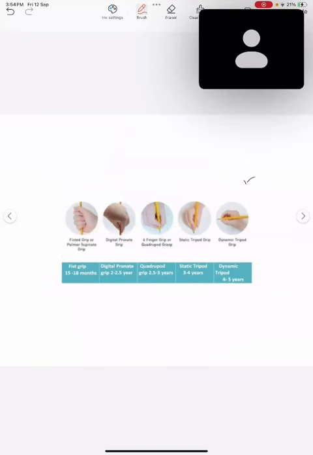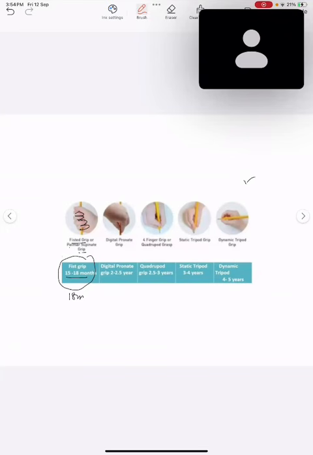The first grip is the fisted grip. See here, the child starts with all four fingers on the palmar side. This is called the fisted grip or palmar supinated grip. It starts at the age of 15 to 18 months.